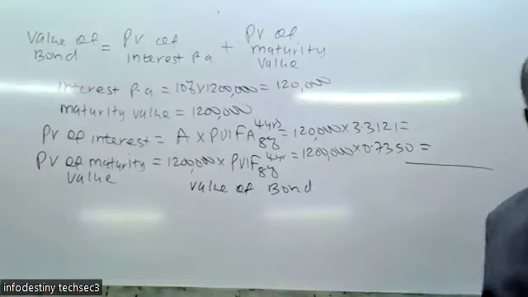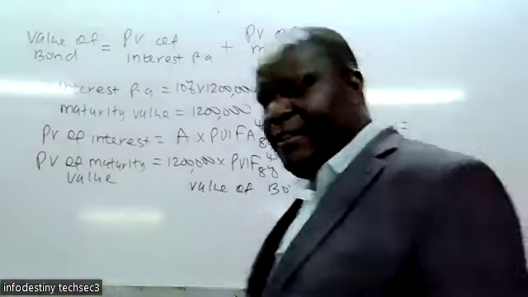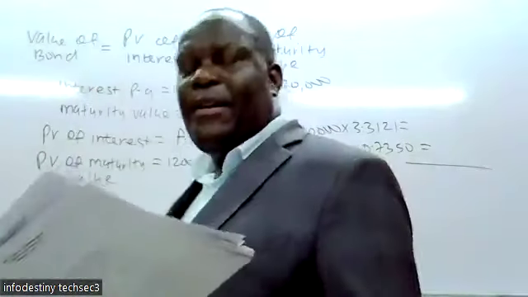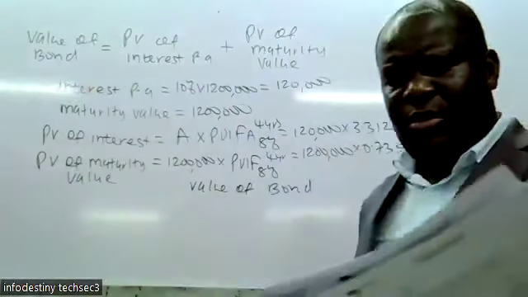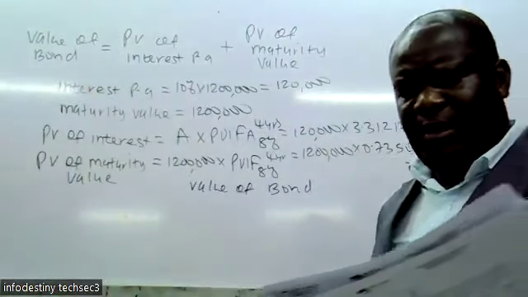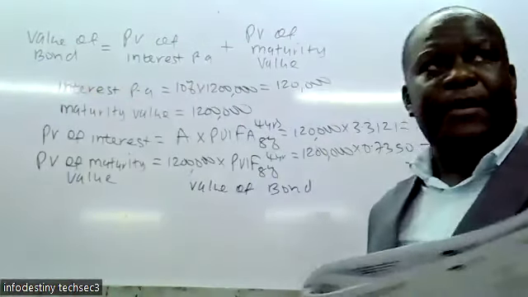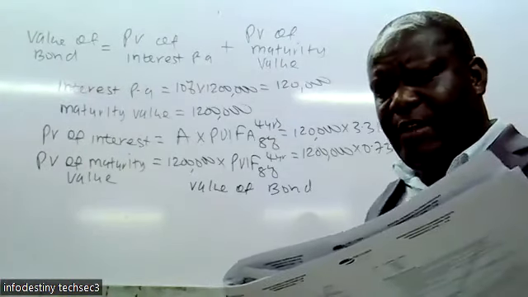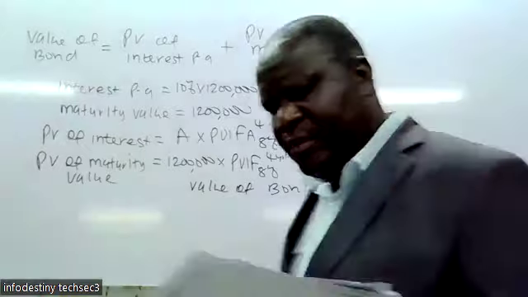So that question 1, part C, reads that Belt Limited issued a 16% corporate bond with a par value of shillings 1,000.